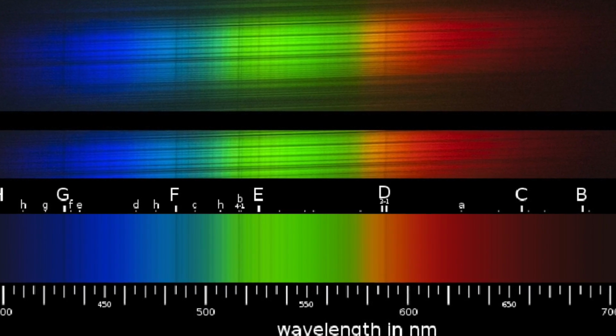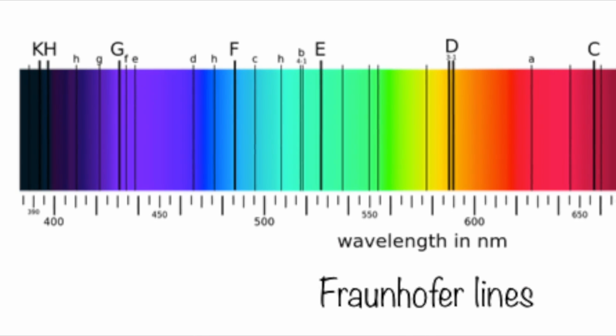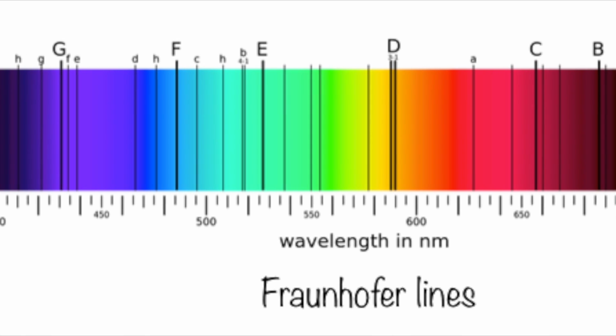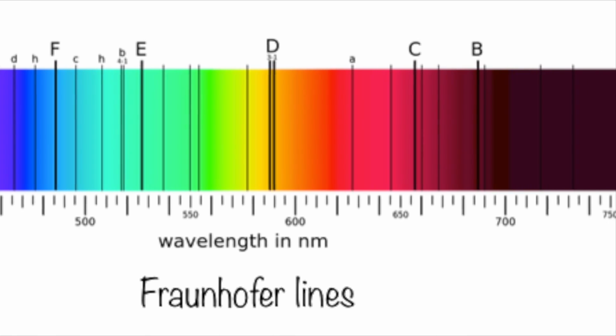The sun produces an almost complete spectrum, with relatively few gaps in between. These gaps, however, are important to identifying the elements in a star. For the sun specifically, they are known as Fraunhofer lines, named after the German physicist Joseph von Fraunhofer, who discovered them in 1814.